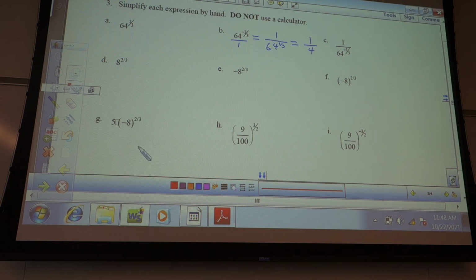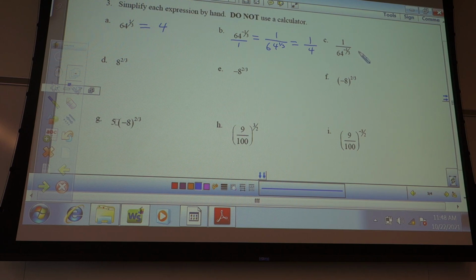Has anyone finished A yet? If you've done B, you can do A. Okay, what multiplied by itself 3 times gives me 64? David, what'd you get? 4. Perfect. Okay, C. Has anyone done C yet?